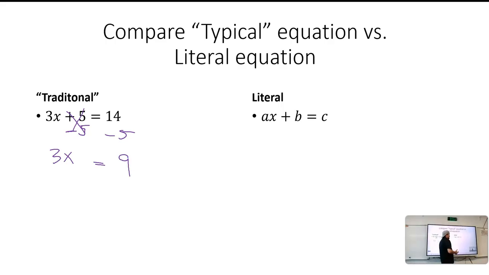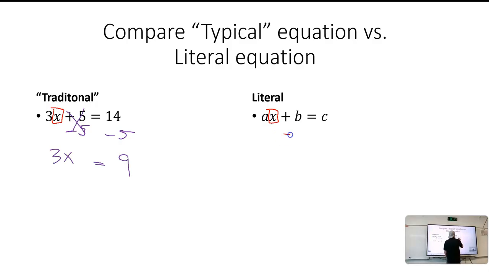Now, if we come over to the literal side, it's going to be the same thing. Our goal is still the same: to get x by itself. Now, they could ask you to solve for a different variable, like a or b, so it depends what they're asking. We're going to say they're asking for x.